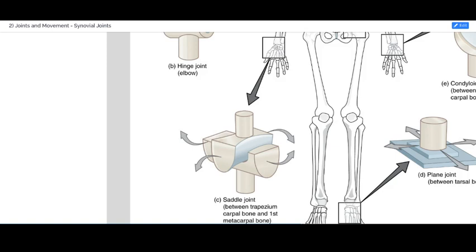The thing about the saddle joint is there's only one joint in the skeleton that is a saddle joint, and that's the joint between a carpal bone and the metacarpal bone of the first digit, so at the base of the thumb. And it allows for the thumb to move across the palm so that it can touch the other fingers, making it possible to oppose and grasp around things. It's the basis for what we call our opposable thumb.